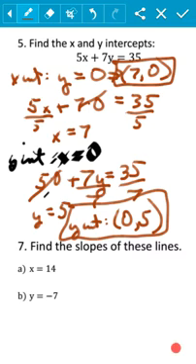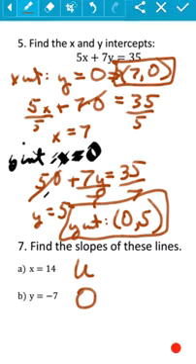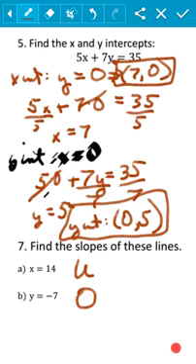So it is a vertical line with an undefined slope because vertical lines have undefined slopes. Y equals -7 is a horizontal line going through the y-axis at the point (0, -7), and it has no slope because it is a horizontal line.